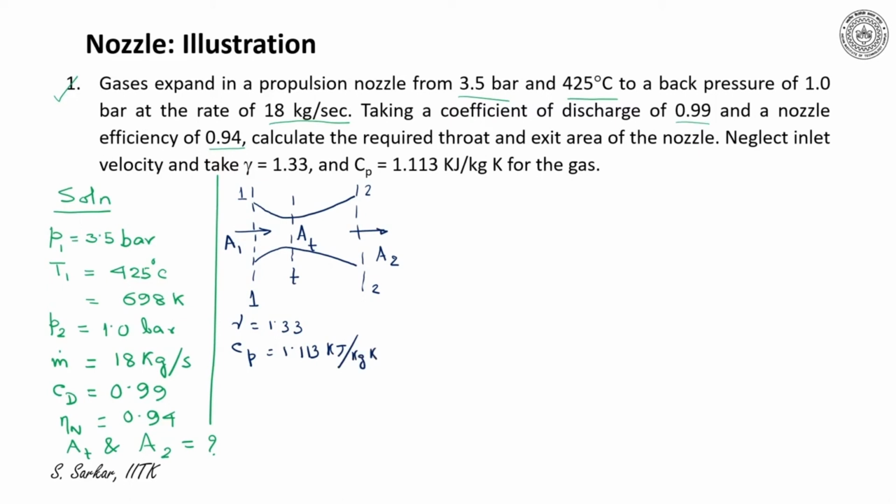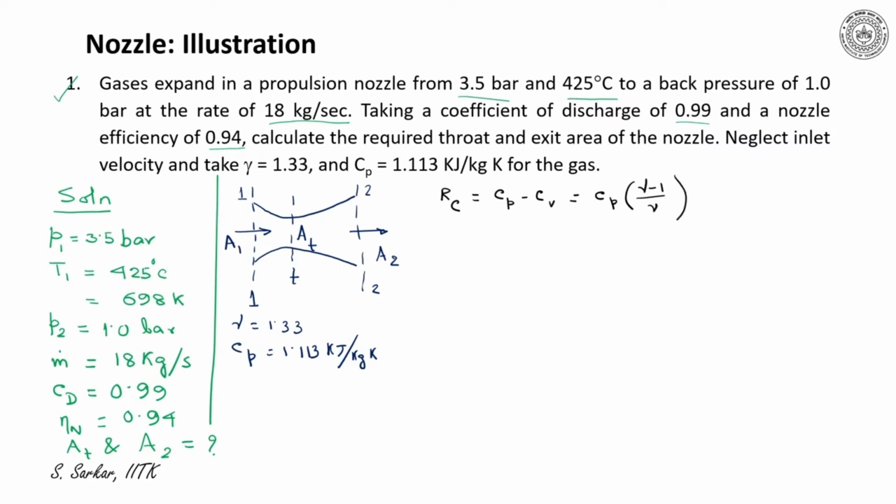Right. So I can evaluate our characteristic gas constant as Cp minus Cv. That can be written as Cp into gamma minus 1 by gamma.